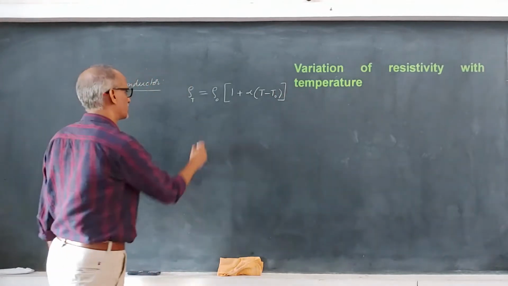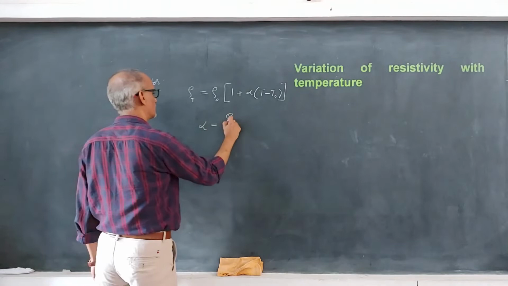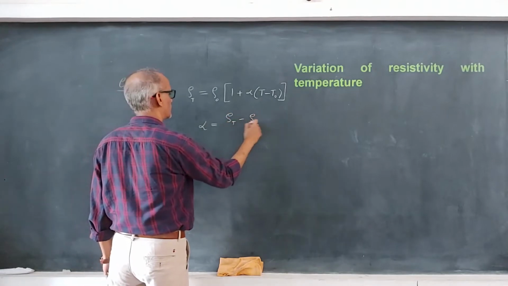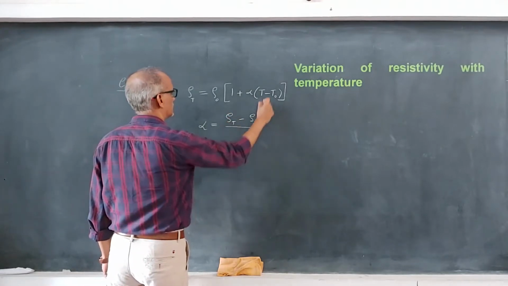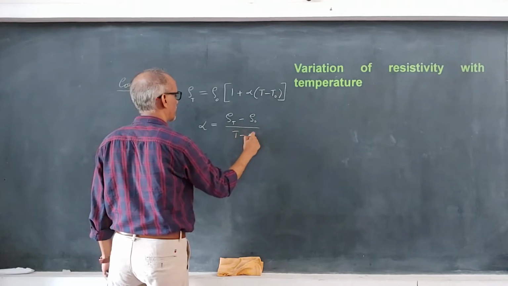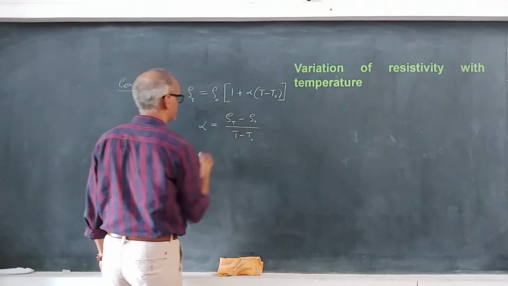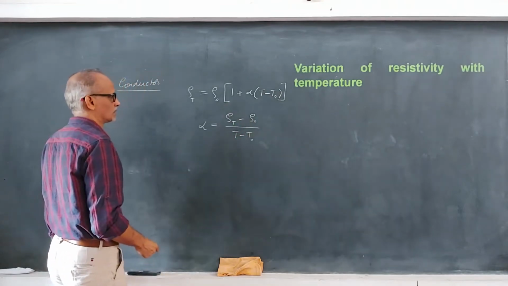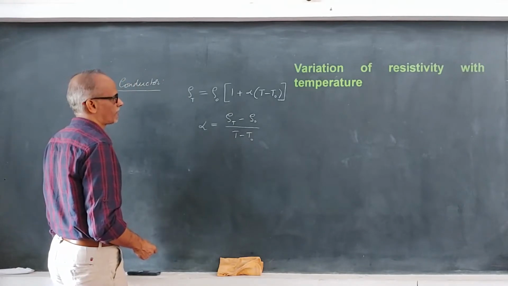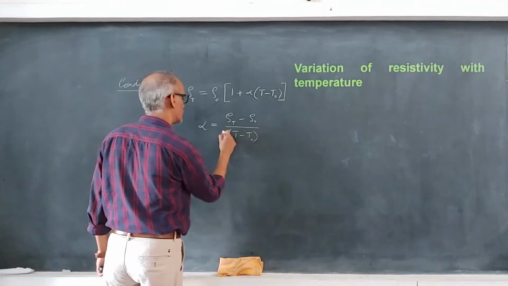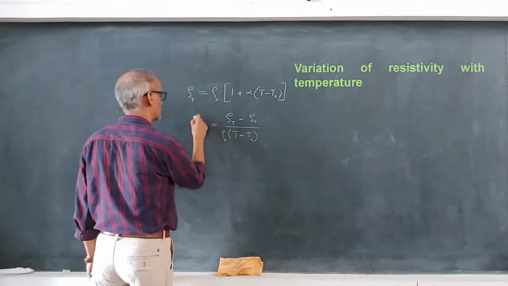And if I rearrange, I will get alpha is equal to rho suffix T minus rho naught divided by rho naught into T minus T naught.